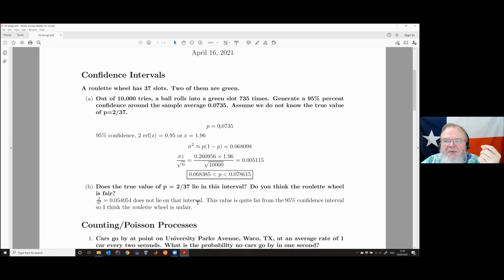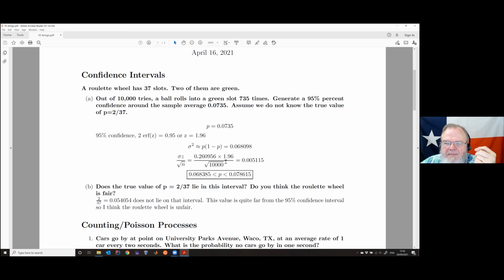0.0735. Yes, but let's see. I have not worked this problem, so I'm looking at the numbers for the first time. You had the upper limit as 0.0786, right? And the sample average is 0.0735. Doesn't that lie within this interval?